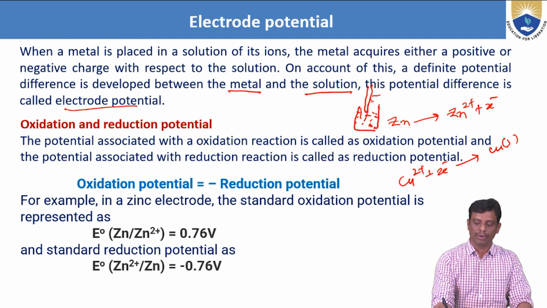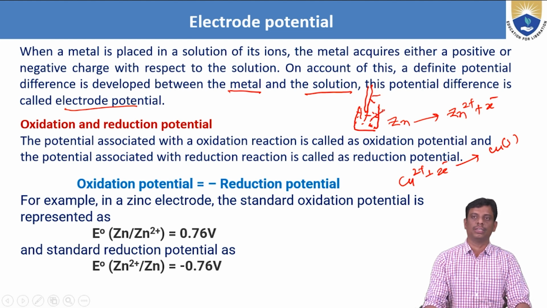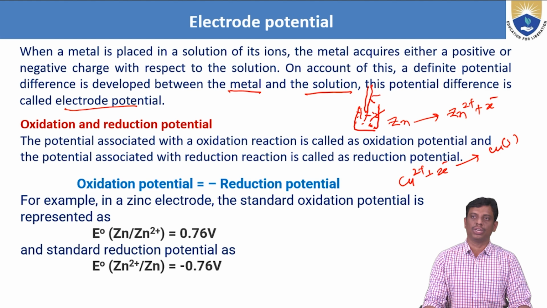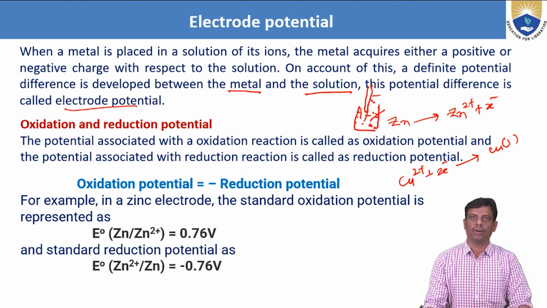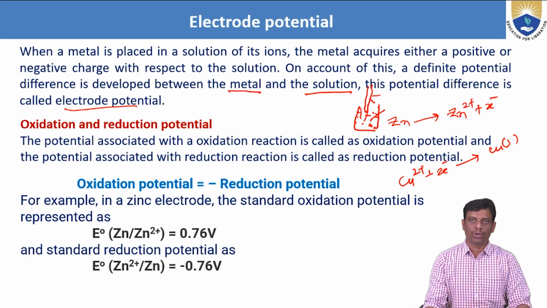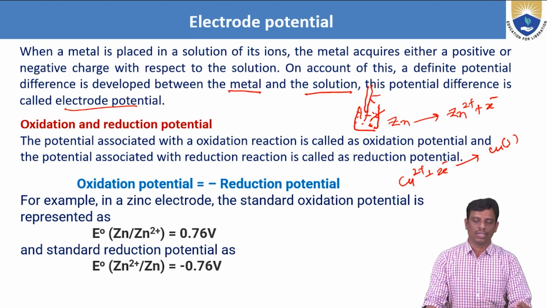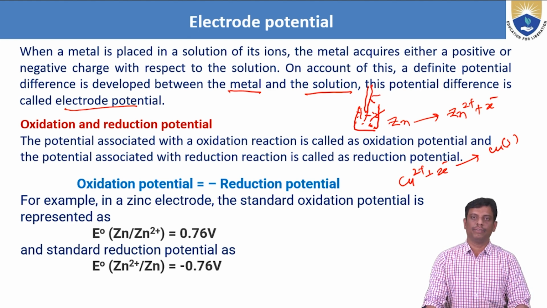In between the electrode and the electrolyte solution, the potential is generated due to the reduction, and that potential is called the reduction potential. So electrode potential may be an oxidation potential or a reduction potential. If an oxidation reaction takes place, we call it the oxidation potential.